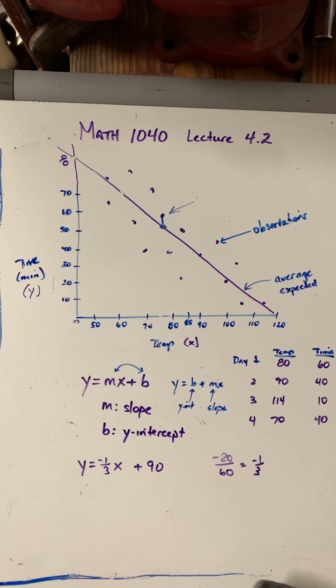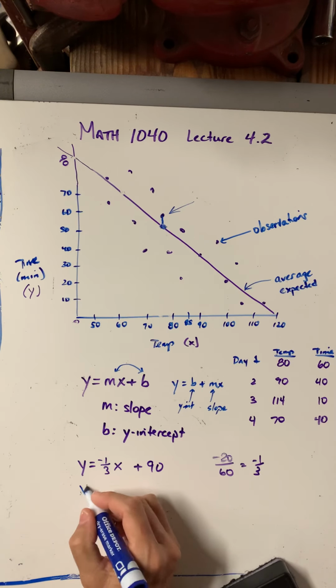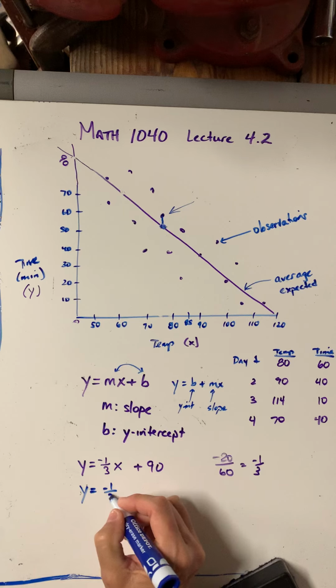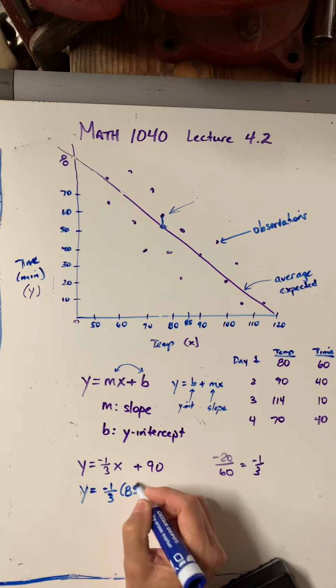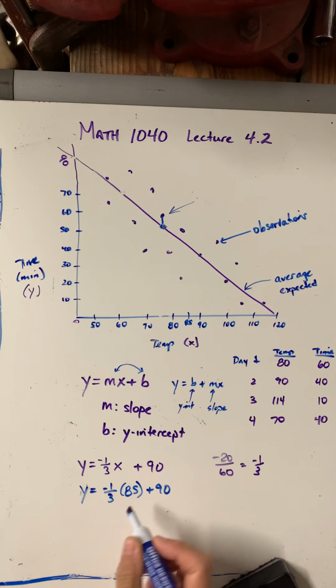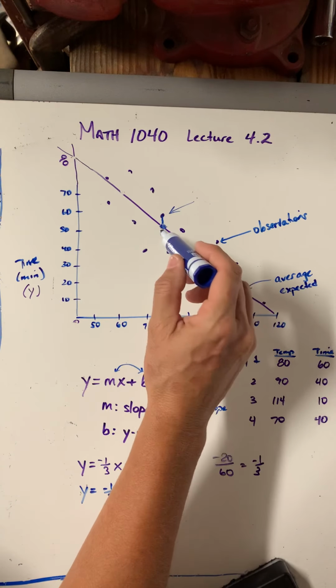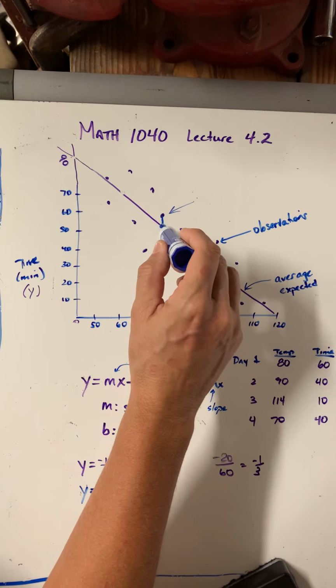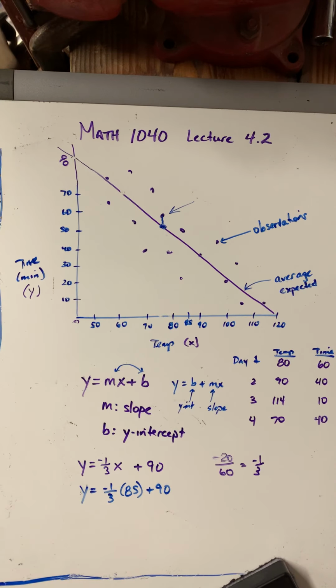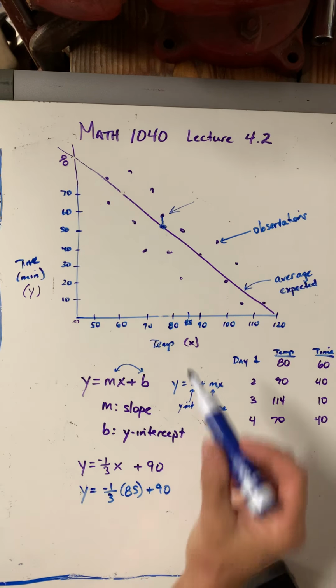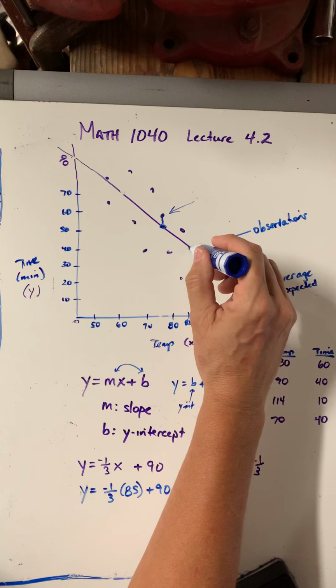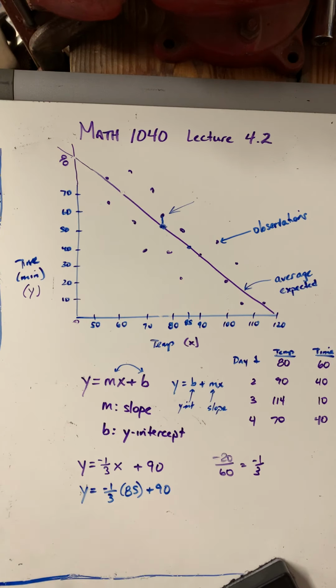So y equals -1/3 times 85 plus 90, and I would calculate what the answer would be, and that would give me my expected answer for 85, okay? So it would give me whatever that little dot is there on the line.